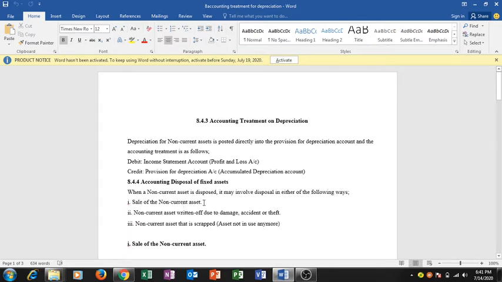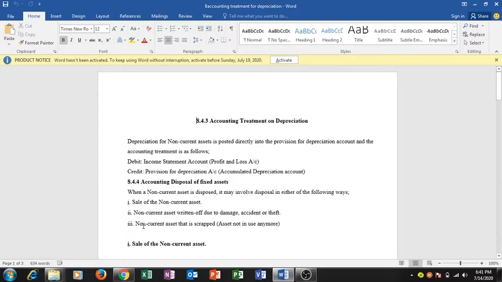If the asset is sold, then it has gone out of the business and it is not going to be in use anymore. Number two, if the non-current asset is written off as a result of damage, meaning that the asset has been damaged in a way that it cannot continue generating income to the business, or through accident or maybe theft.